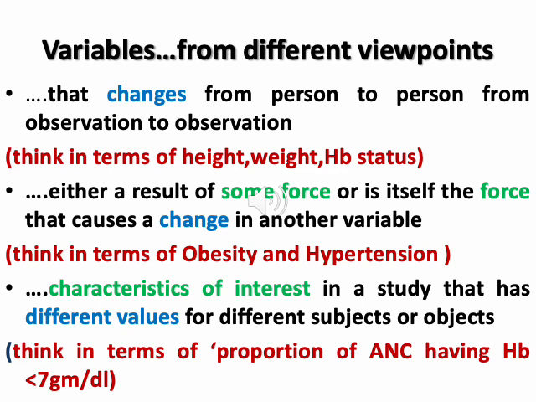It means how many pregnant females are suffering from severe anemia. So it is a characteristic of interest. Here the keyword is change, and itself it is a force, or forces another variable to change.